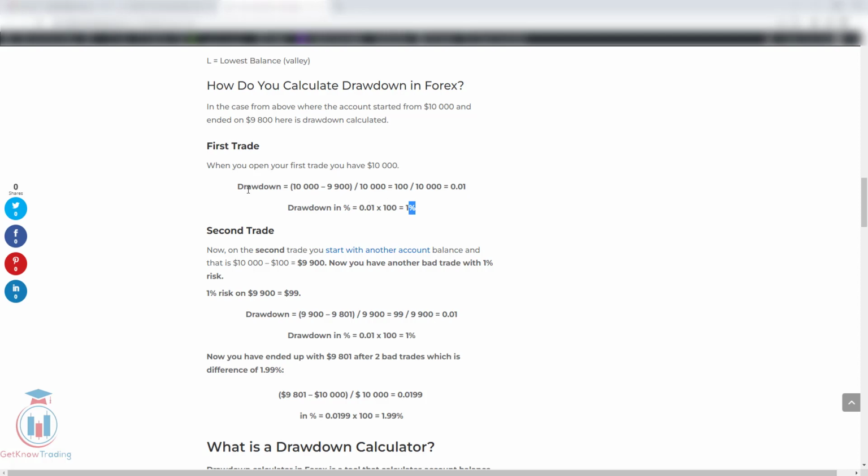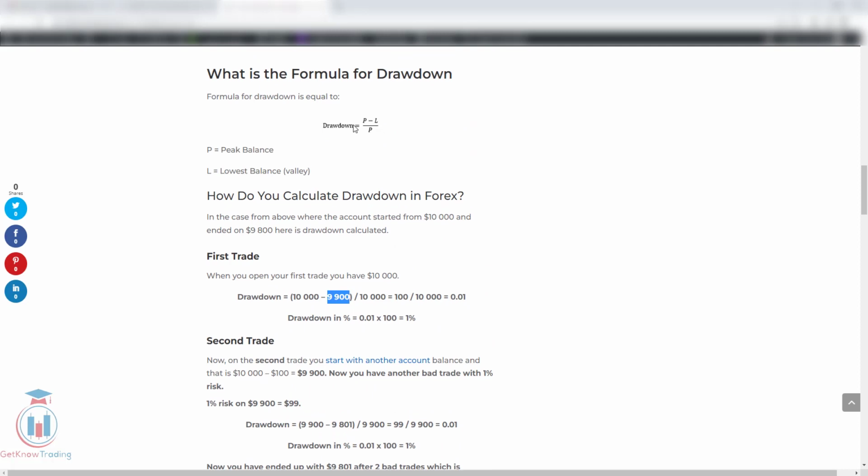That means if you have a risk of 1% on each trade, your loss on the first trade will be $100. So when you calculate the drawdown with a starting balance of $10,000 and a loss of 100, that gives you $9,900. When you calculate that with this formula, you get a drawdown of 1%.